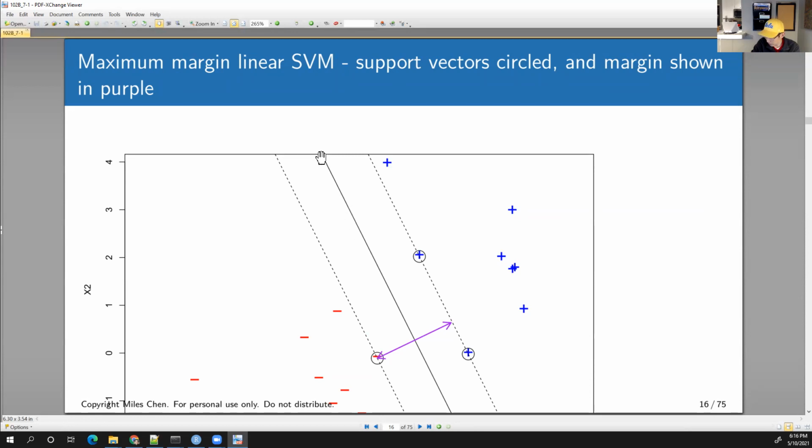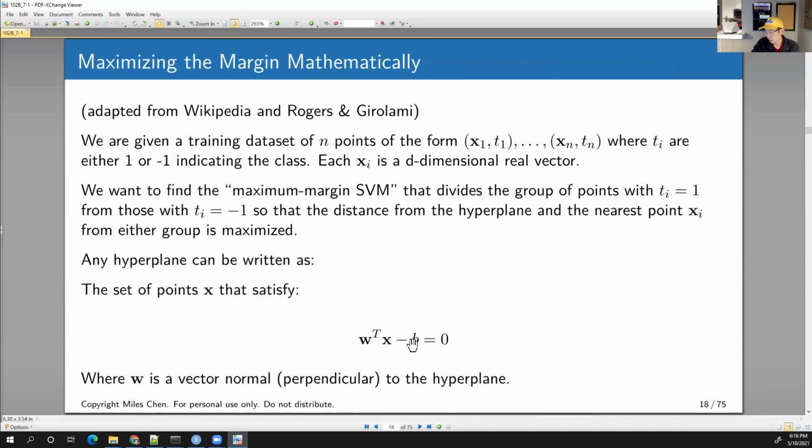You're basically finding all the points where W times x1 and x2 add to some constant, that constant being b. You can rearrange things so that W transpose x minus b is equal to 0, right? And so that boundary is going to be the set of all points where W times x1 and x2 add to some constant.